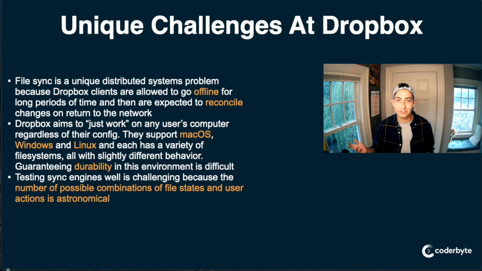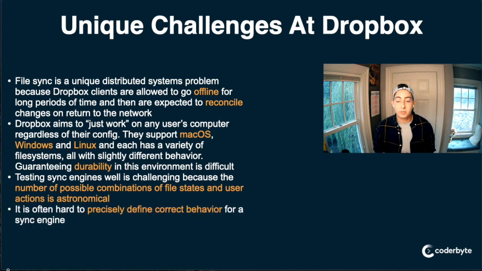It's almost exponential, the amount of different states that a user's files can be in. So we'll talk more about how Dropbox solves this, but it's a very interesting problem to solve. Unlike a lot of other problems that we solve with software where there's, is the user logged in? Yes, no. Those are two states versus this exponentially growing possible combinations of states that anyone might have at any given point.